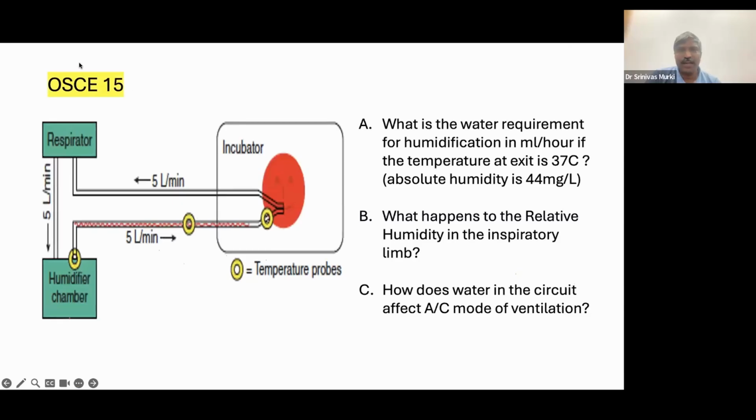What is the water requirement for humidification in ml per hour if the temperature of exit at the humidification chamber is 37? And at 37, we know absolute humidity is 44 milligram per liter. You can just write the formula also.